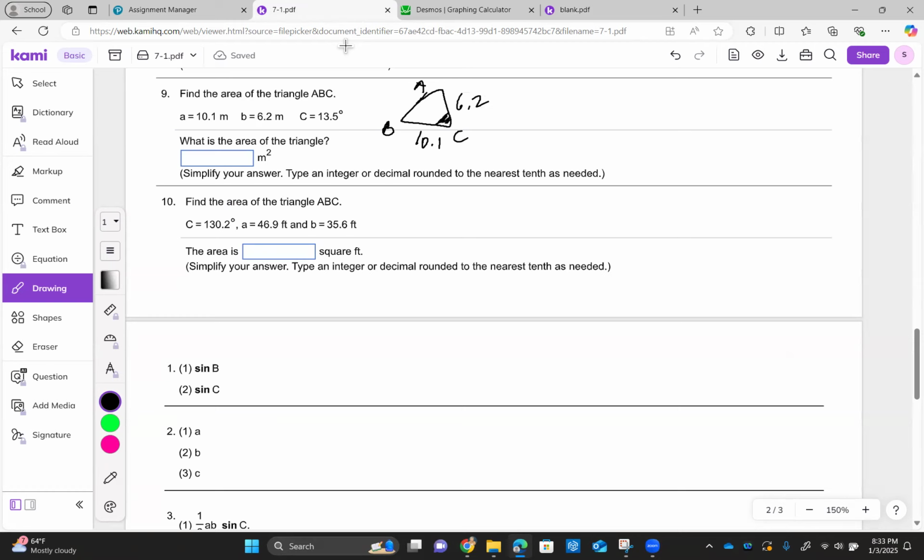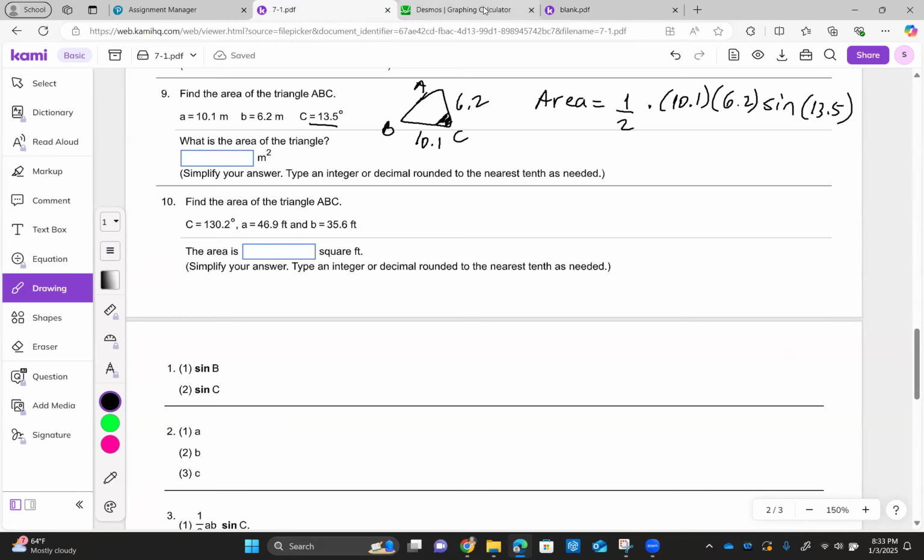And then they gave me angle C. So I know that I need to use these two sides and angle C. So the formula to calculate the area is 1/2 times 10.1 times the other side, which is 6.2, times the sine of 13.5.